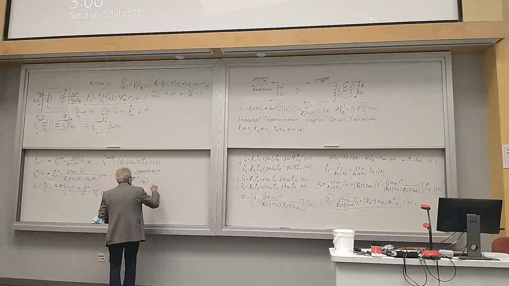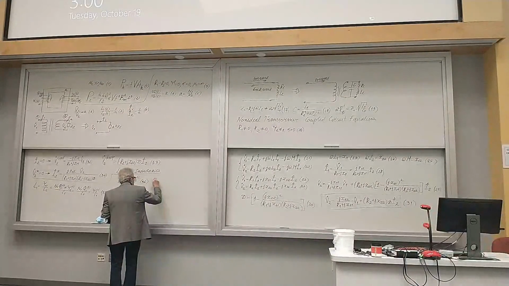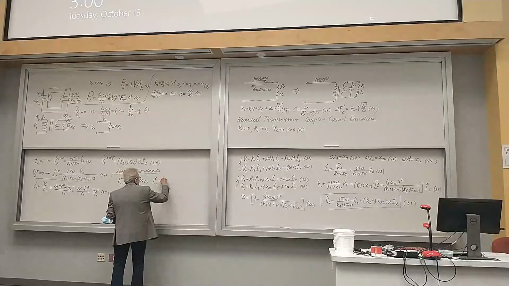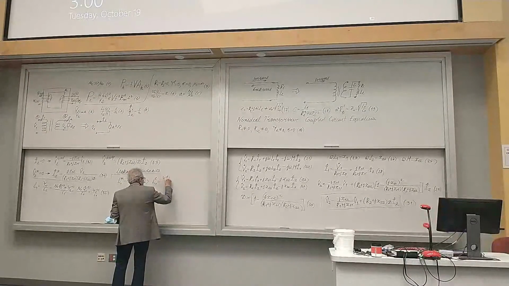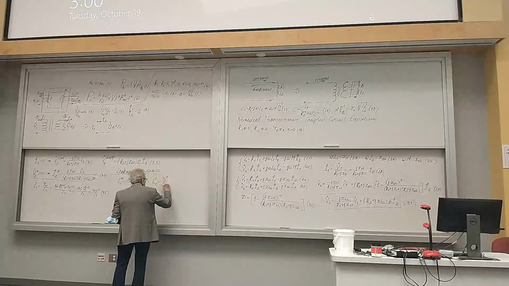And the second term is called leakage inductance. It's due to the magnetic field lines which leak out and create flux linkages.